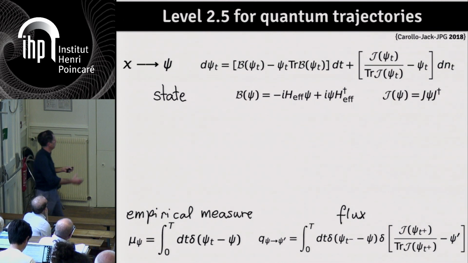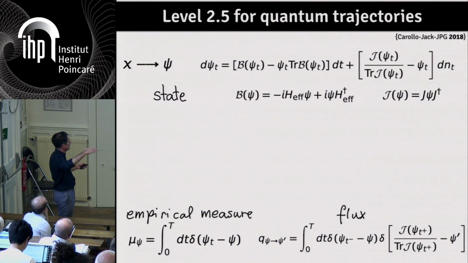I'm not dividing by time, just to be concise. If psi is a stochastic trajectory, what this extracts is the histogram in that trajectory of residence in states psi.